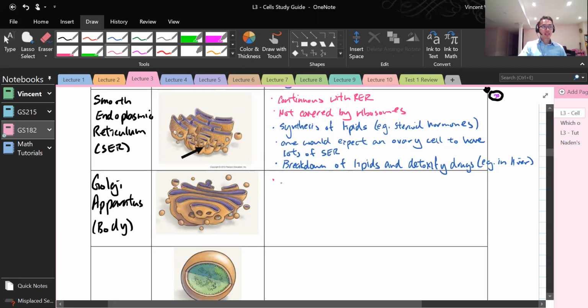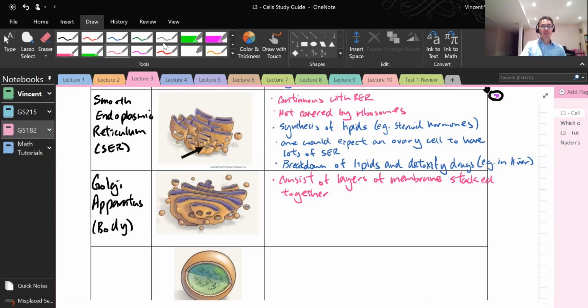The structure is that it consists of layers of membrane stacked together. Although it's not literally touching, they're really close to each other.